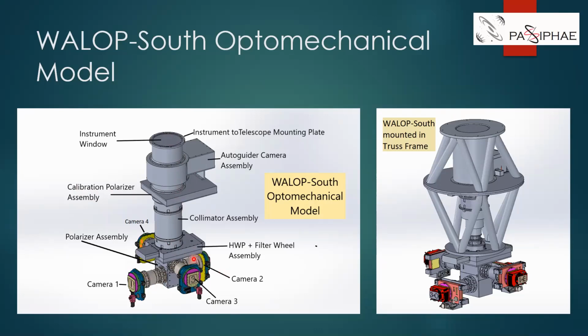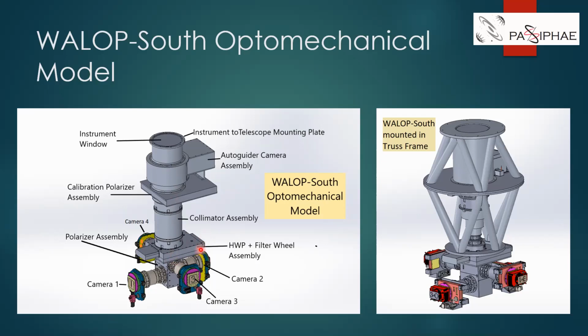Now, as you can see, it's a very long cylinder, and we were worried about the flexure in the instrument when it is orienting at, let's say, air mass of 1 or 2. So we were worried about a cantilever effect due to telescope pointings.